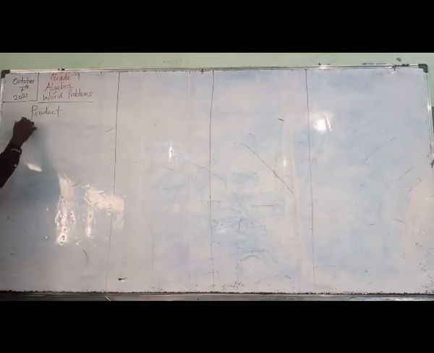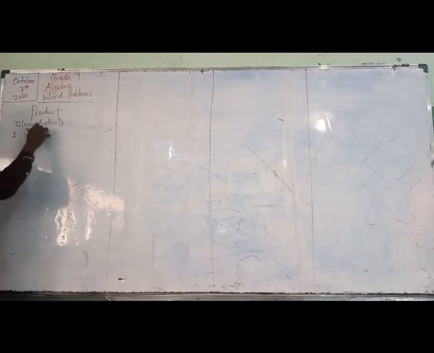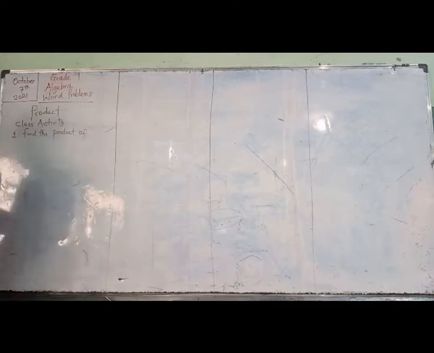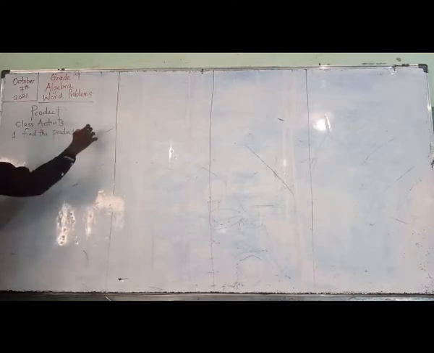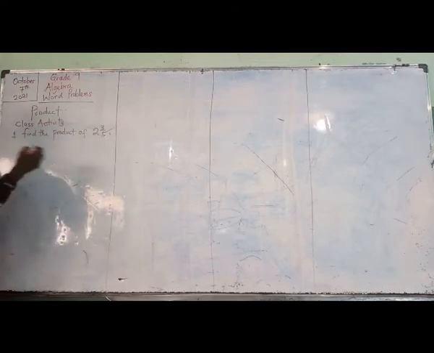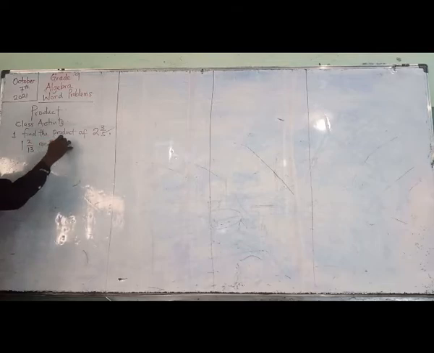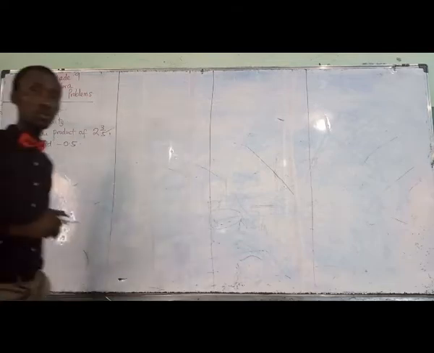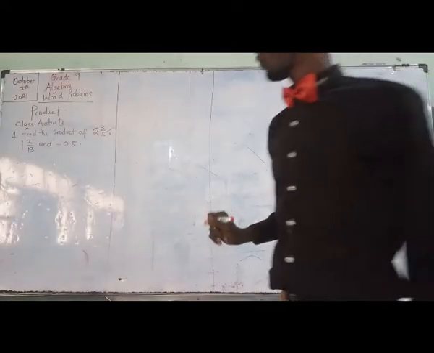Class activity: find the product of 2 3/5, 1 2/13 and negative 0.5. So that's what we are told to look for.